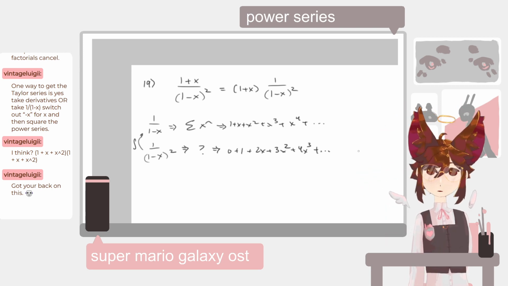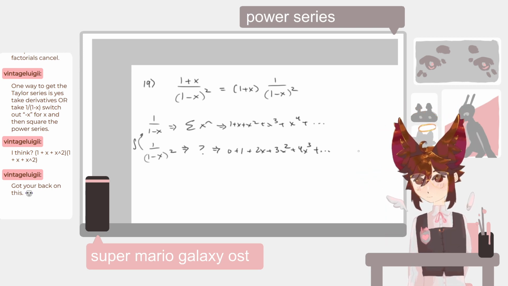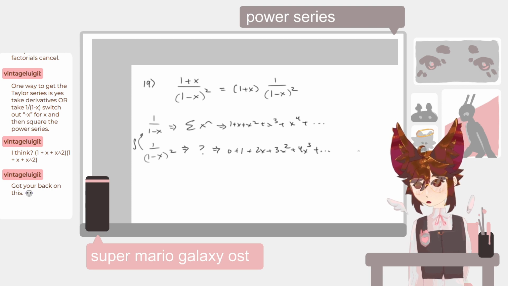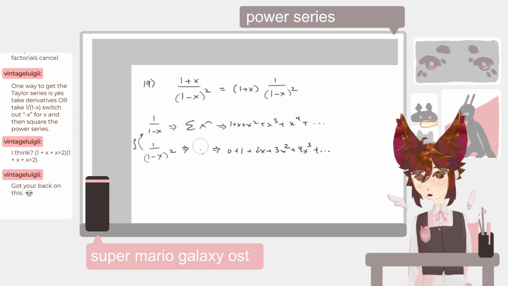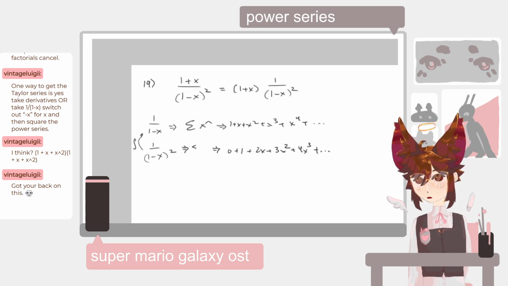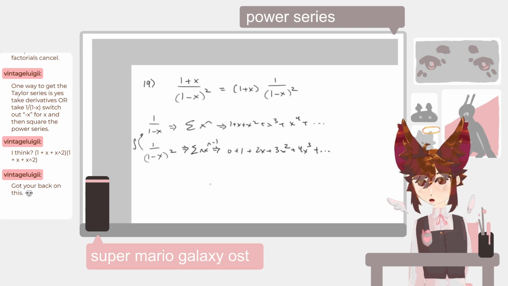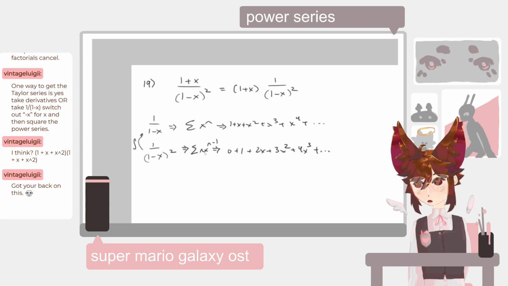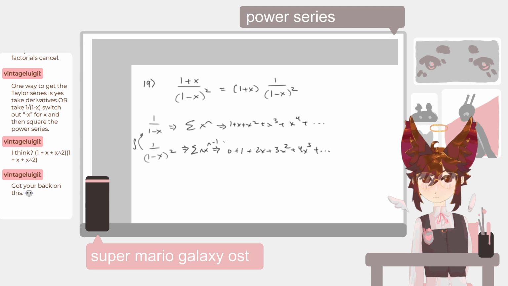That's the derivative of this, which means that this series would be the sum of n x to the n minus 1.